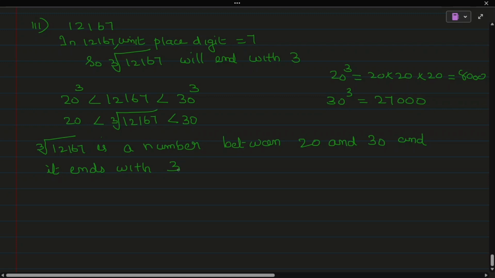So between 20 and 30, a number that ends with 3 is 23. So you can write the answer: cube root of 12,167 is 23. That is the answer.